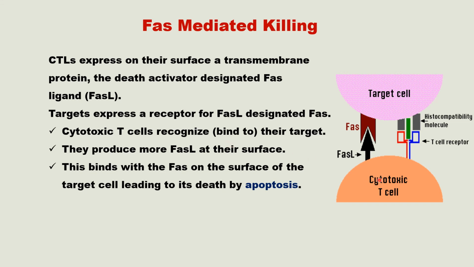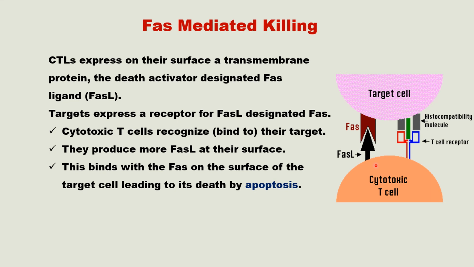So, our cytotoxic T lymphocyte will recognize the MHC class 1 presented antigen on the target cell, and after that what will happen? This cytotoxic T lymphocyte will produce more Fas ligand and that will bind with the Fas receptor on the surface of the target cell, and ultimately that will lead to apoptosis of the target cell.